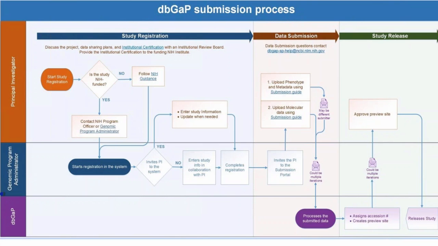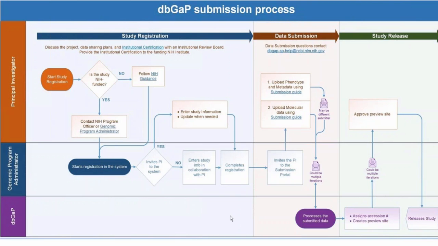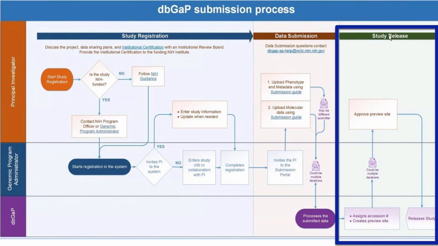As you'll see, the dbGaP is really not involved in this part of the process. On the horizontal axis, we see study registration, data submission, and study release.